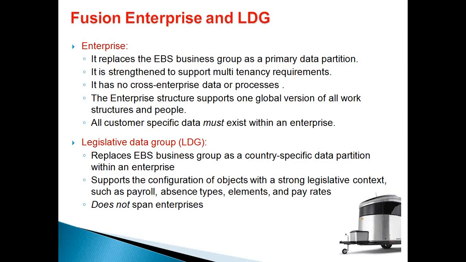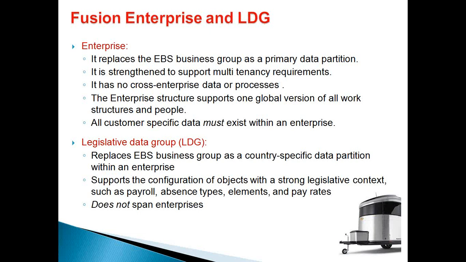So within the Fusion enterprise structure, we have seen that Enterprise replaces the EBS business group as the primary data partition, and it is strengthened to support multi-tenancy requirements because it is a SaaS application. Multiple customers may be using the same infrastructure, so that's why it supports the multi-tenancy requirements, and has no cross-enterprise data process.